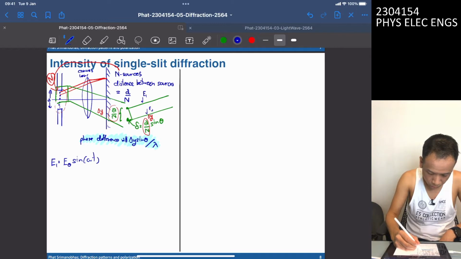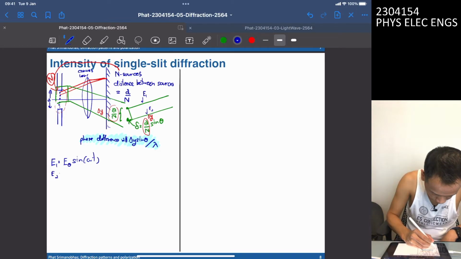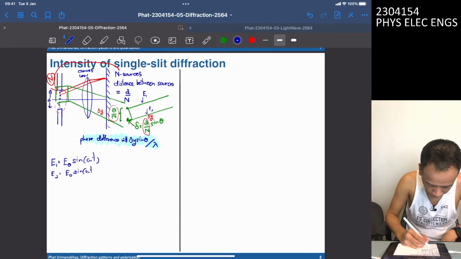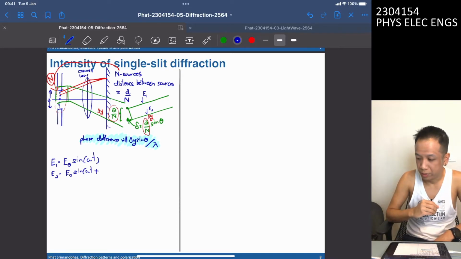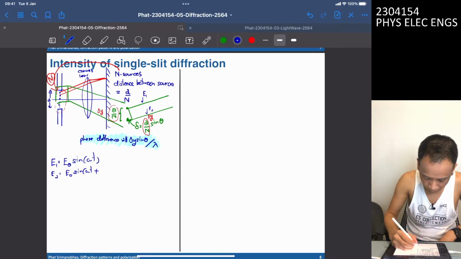Now E2 becomes E0 sine omega t plus the phase difference, let's call it delta beta.